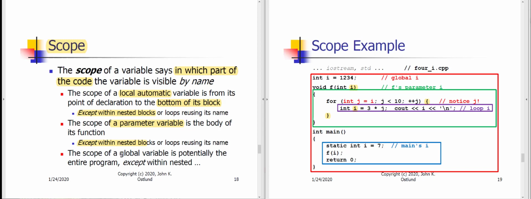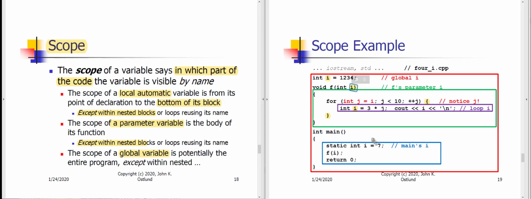Now, global variables can potentially be accessed anywhere in the entire program except when a nested block is created. So here, for example, I have a global variable called i. This i can potentially be seen throughout the entire program, but I have a local parameter i that's hiding i from within f.